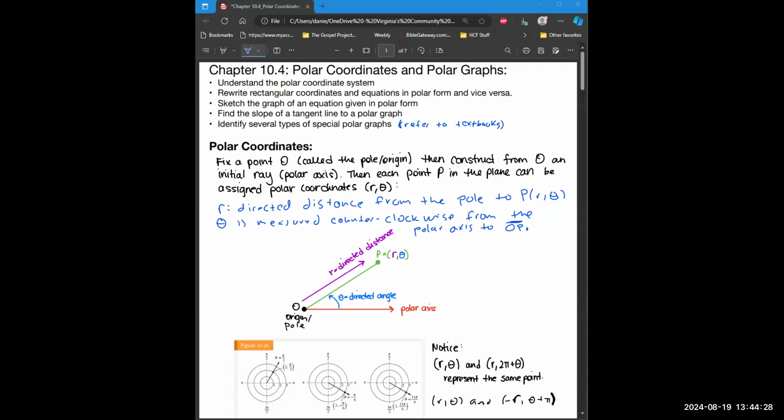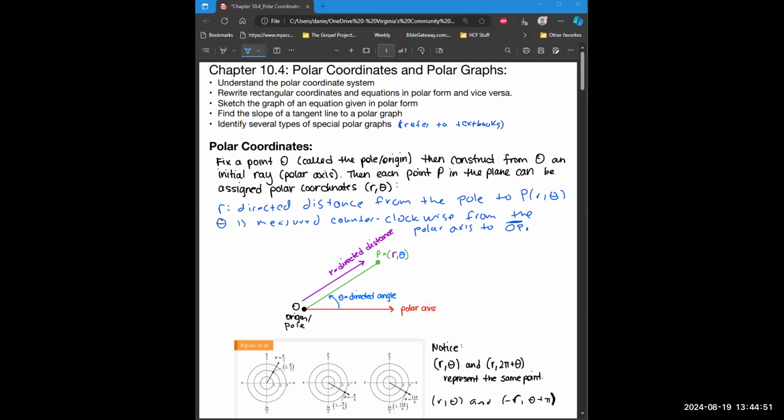So we're going to fix a point O called the pole, which is like the origin in our system. And we're going to construct from the pole an initial ray called the polar axis that's going to go out in what looks like the positive x-axis direction.